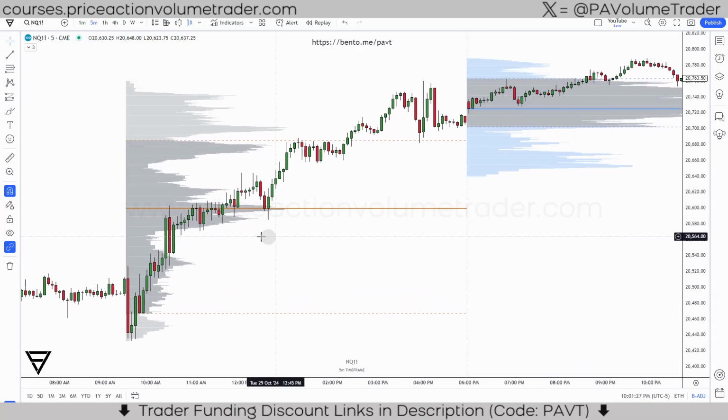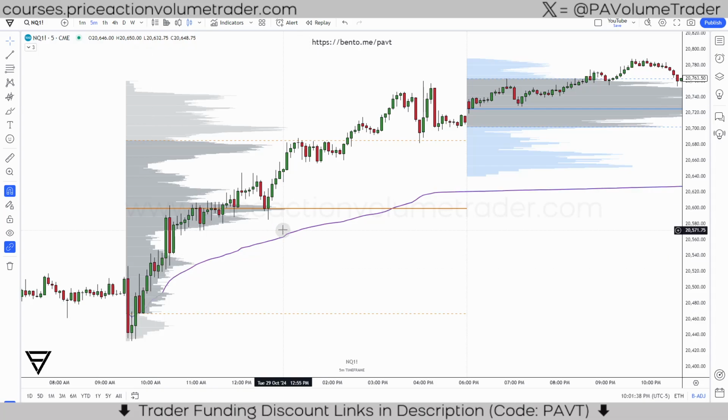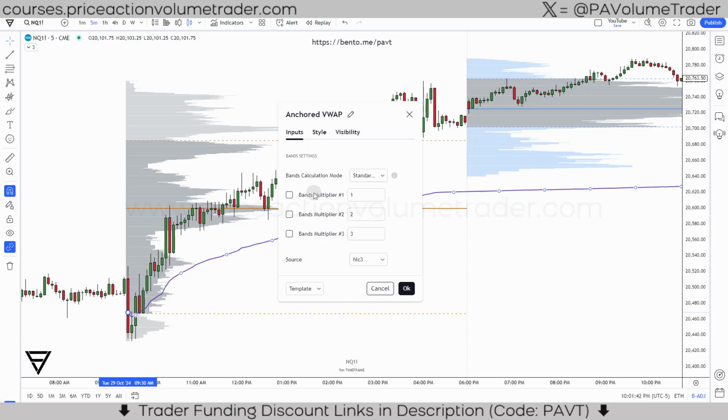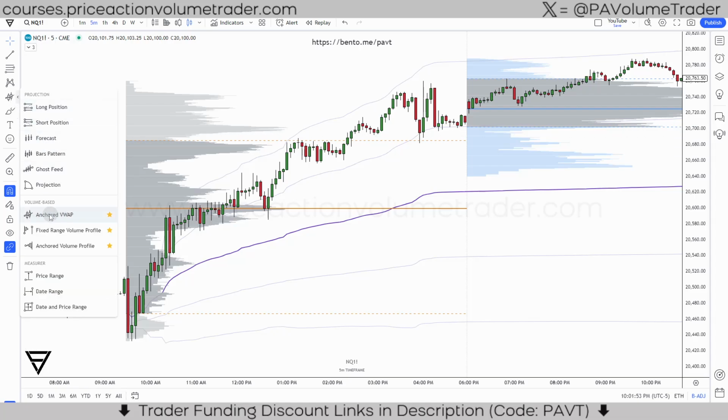Because of the problem when we have a very strong trending market, let me actually put a VWAP here, and let's put in the first and second deviation. This is TradingView. I'm just using the anchored volume profile tool, which you can find right over here.